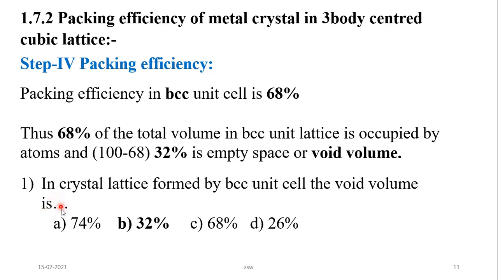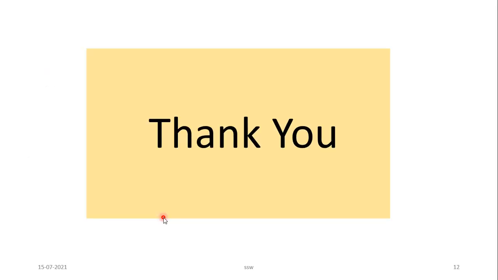Or MCQ can be asked like this: in crystal lattice formed by BCC unit cell, the void volume is how much? It is 32%. And 68% is the packing efficiency, that is total volume occupied in the crystal, but void volume, that is empty volume, is 32%. So like this you can calculate. Thank you.